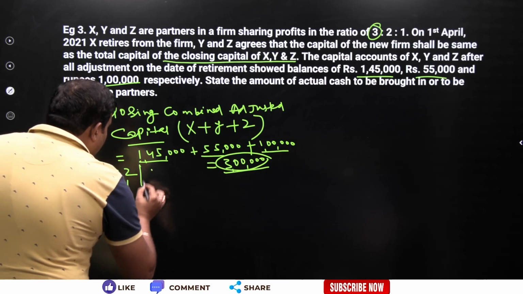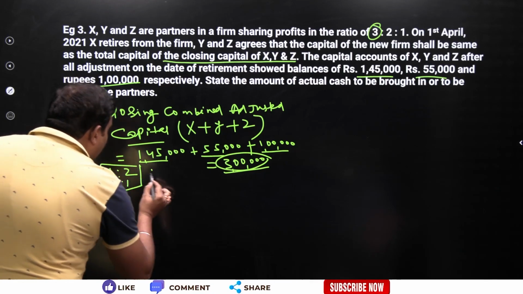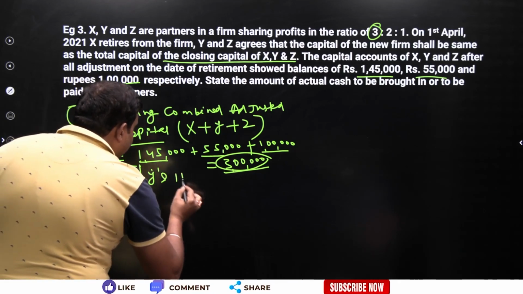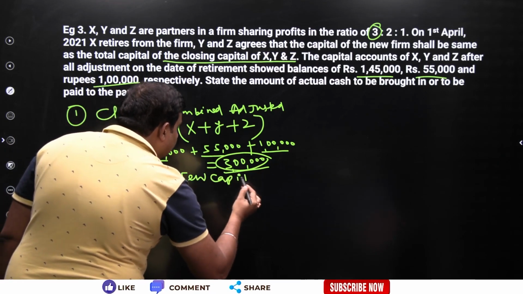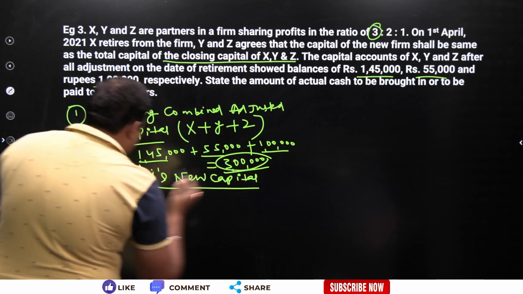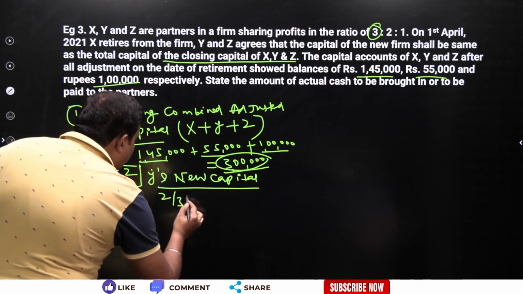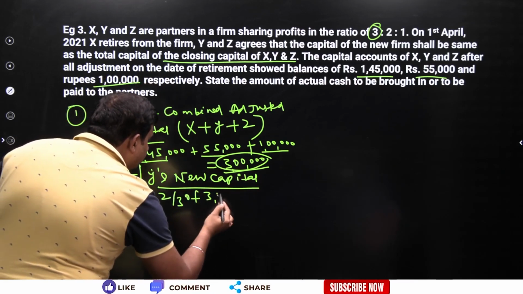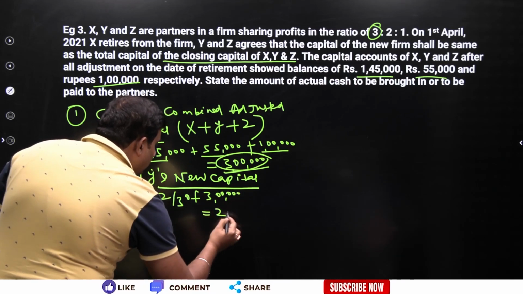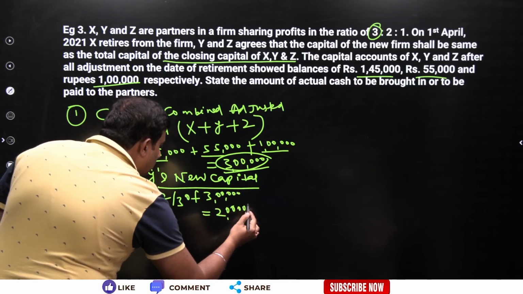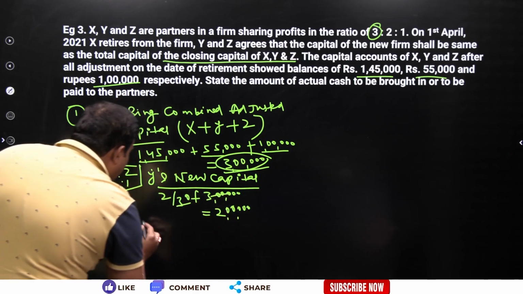So Y's new capital is 2/3 of 3 lakh, which is 2 lakh.